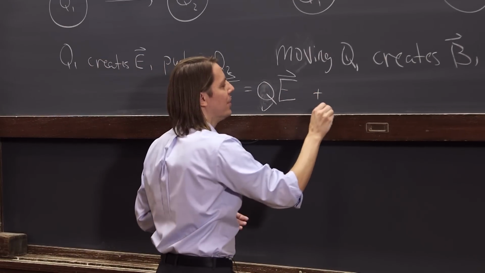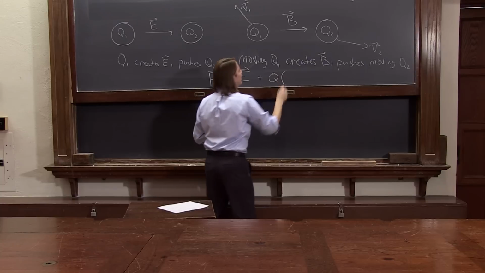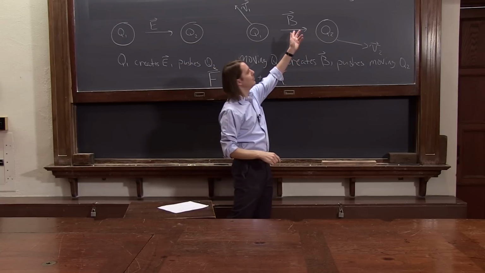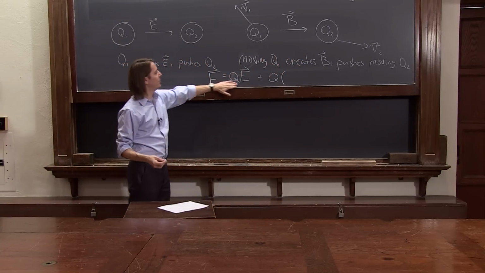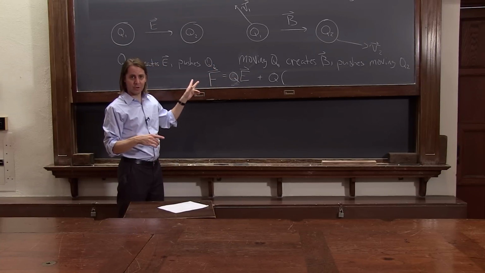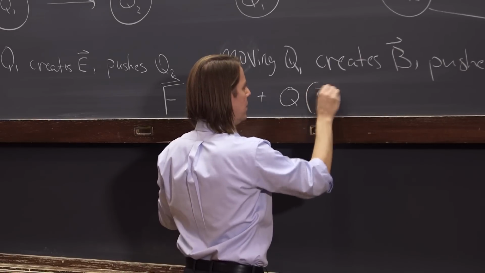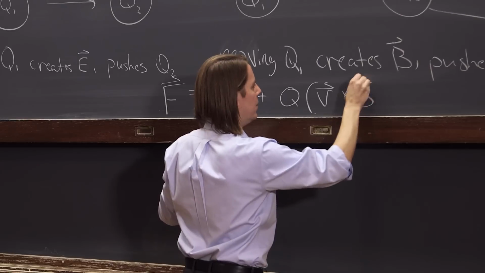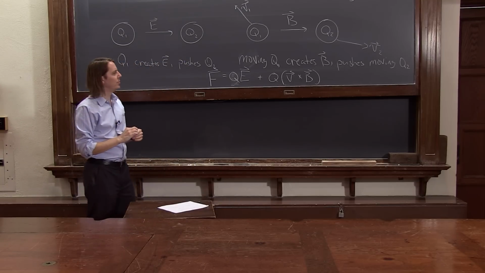But then the magnetic part is also the charge, Q, but then we have to involve the velocity and the B field, and those are both vectors. So we have to multiply two vectors to get a vector. How are you going to multiply them? Dot product doesn't work because that gives you a scalar. So when you multiply two vectors and you want to get a vector, you use a cross product. QV cross B.